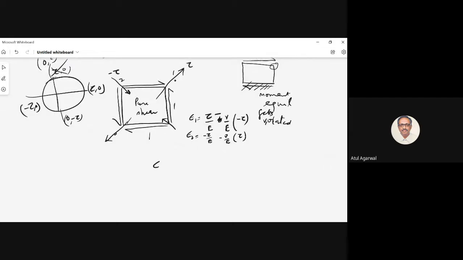So your epsilon 1 becomes tau by E into (1 plus nu), and epsilon 2 becomes minus tau by E into (1 plus nu).